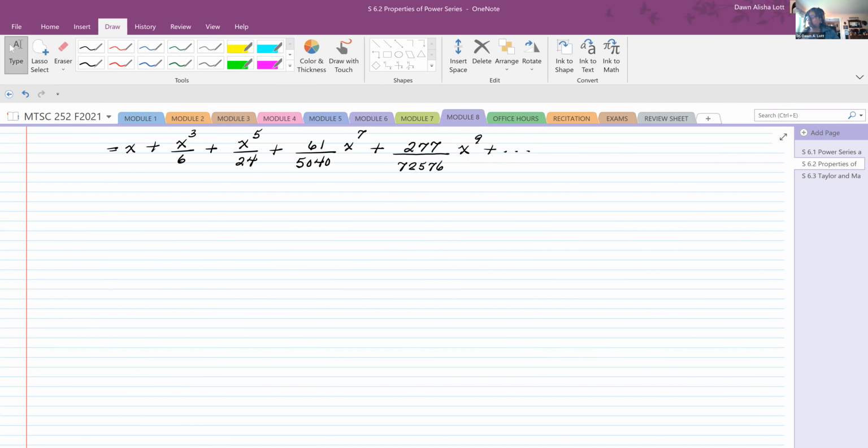So here's a problem. It's a different type of problem. It asks you to identify this function, the function that's represented by this power series. I think this is a tough problem, but it's a good example.